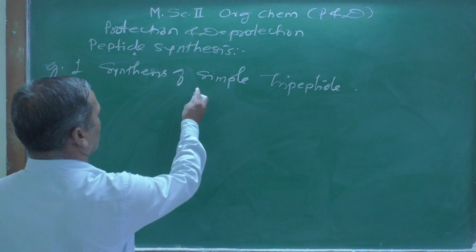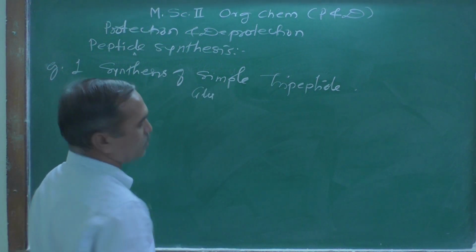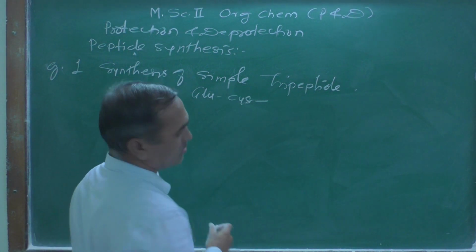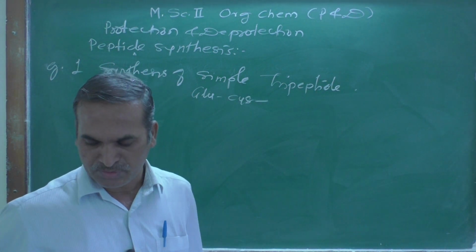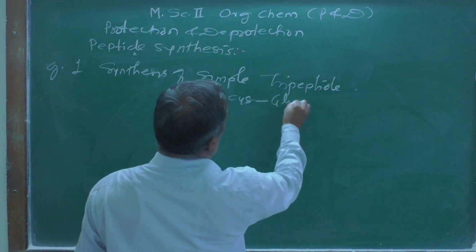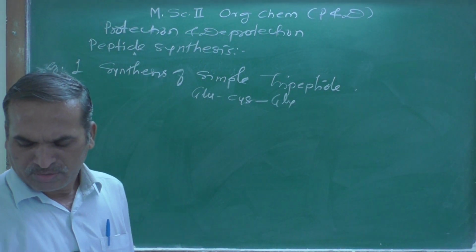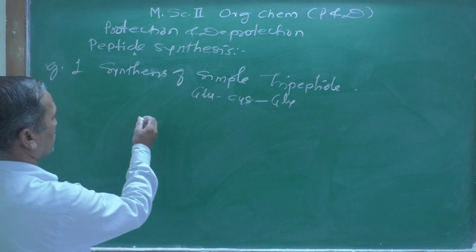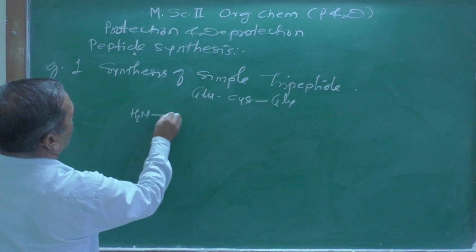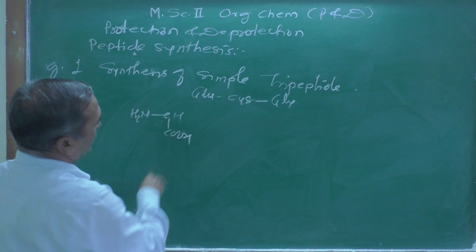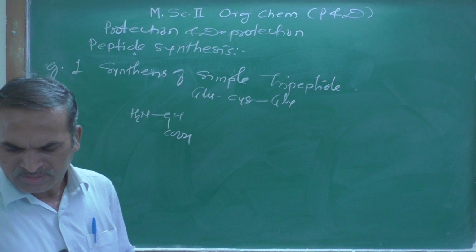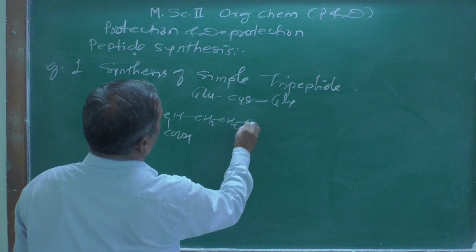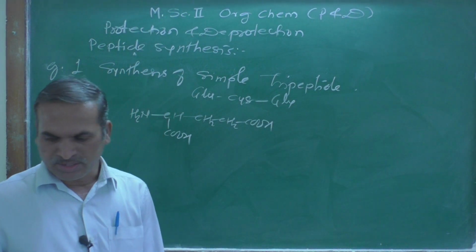Let us see, suppose here is Glu, glutamic acid, or cysteine, and the third one, 3 letters I am using here, and glycine, Gly, right? And now how do they get condensed together? Let us see here. H2N CH COOH, then CH2 COOH.